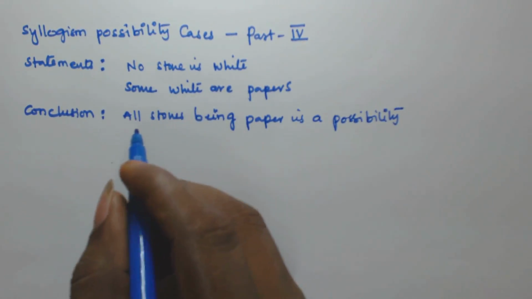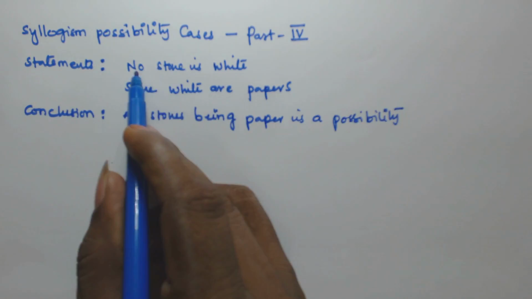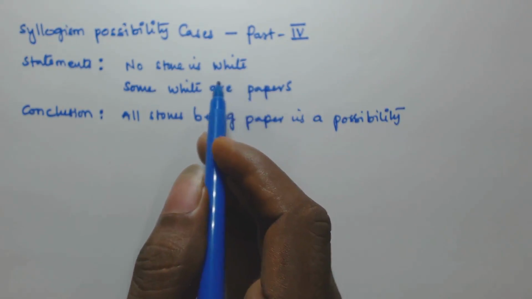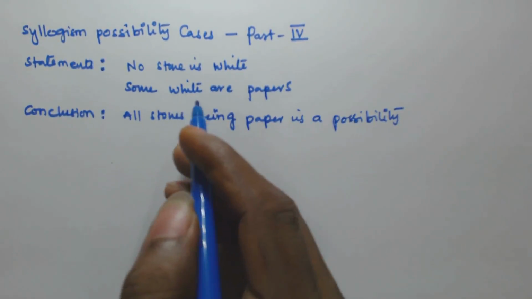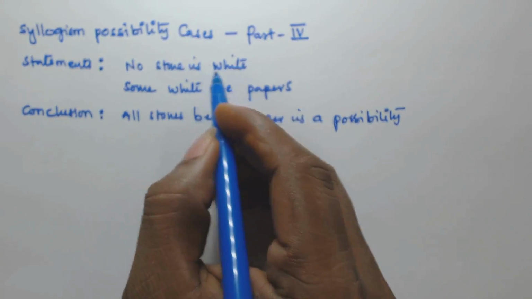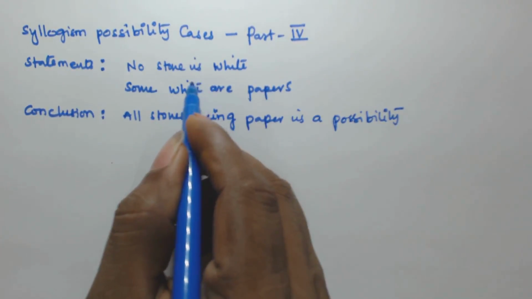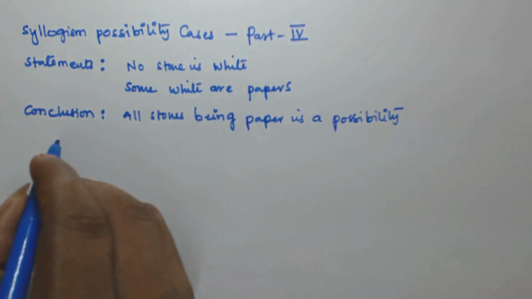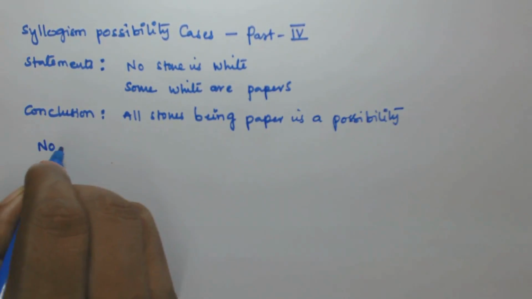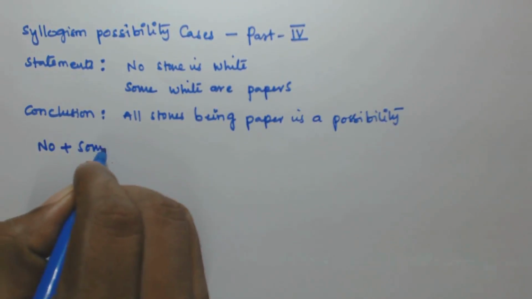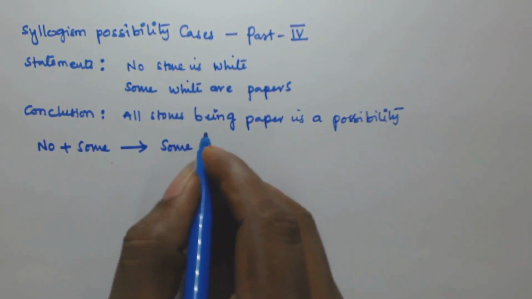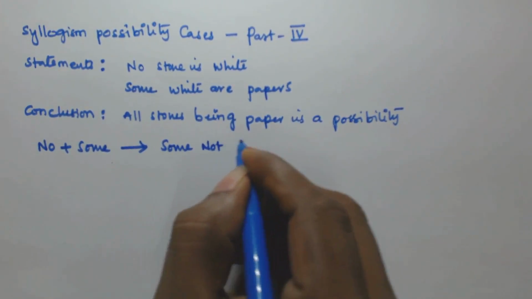From the given statements, the two statements are no stone is white and some white are papers. Here, the predicate of the first statement is equal to the subject of the second statement. In the previous videos I have shown you one rule: no plus some implies some not and reversed.